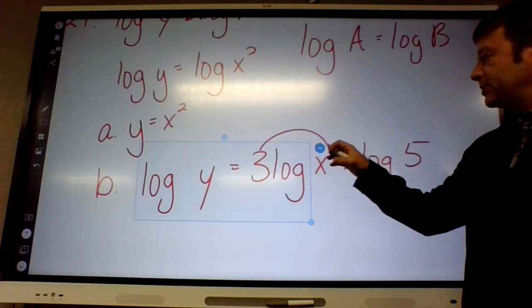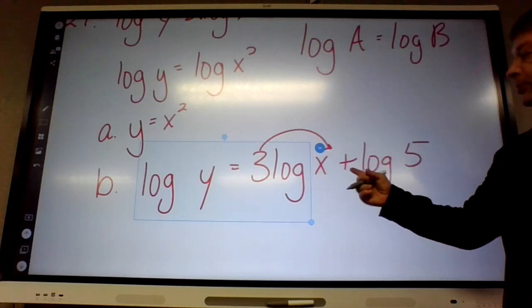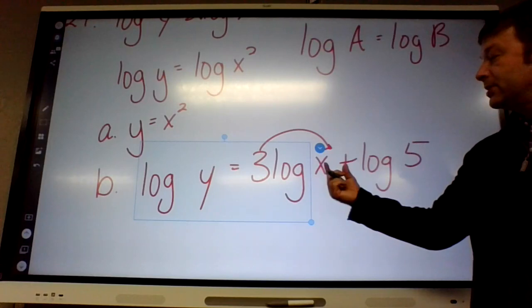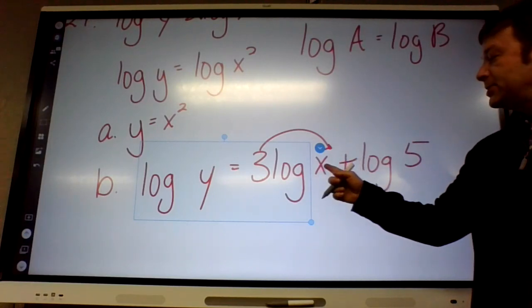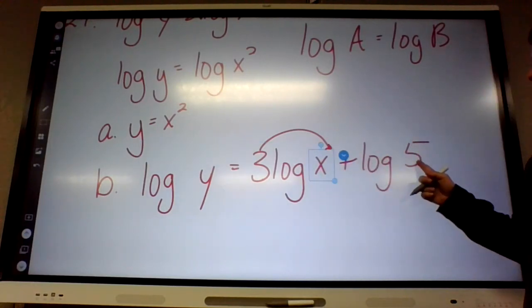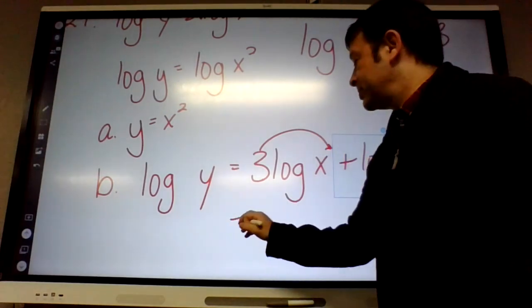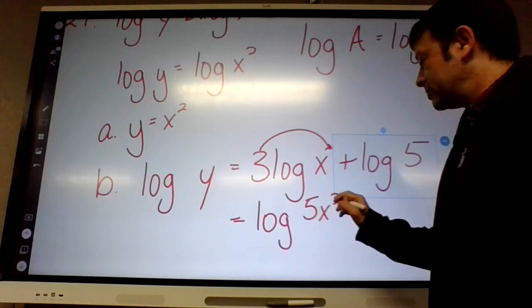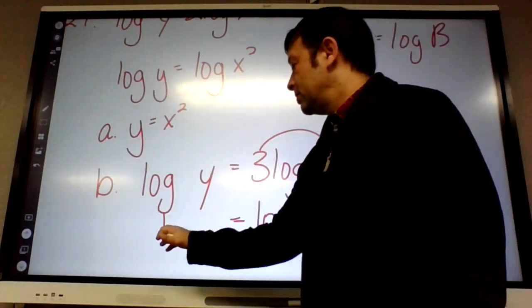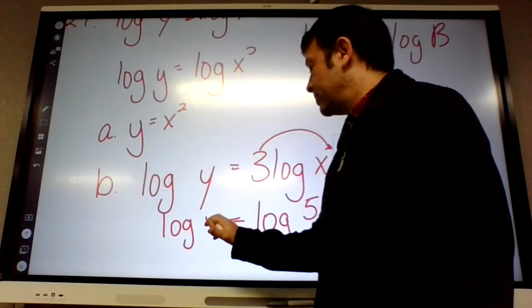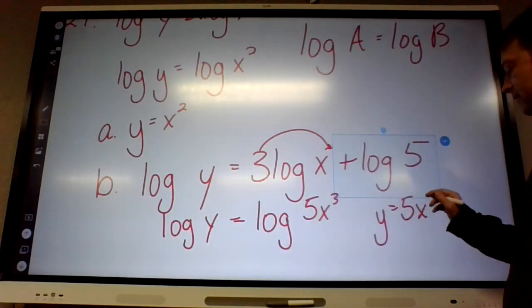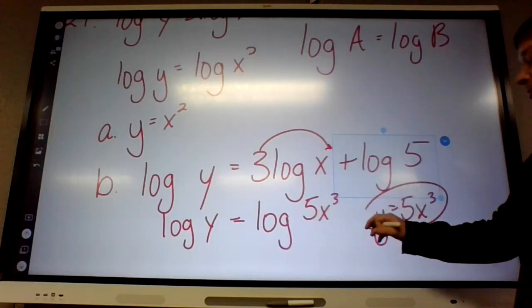Move it up. When we add logs, maybe I should have reviewed that part, you multiply it together. So we have an x cubed times 5. So this will be log of 5x cubed on that side. On this side, it's log of y. So in this case, y must equal 5x cubed.